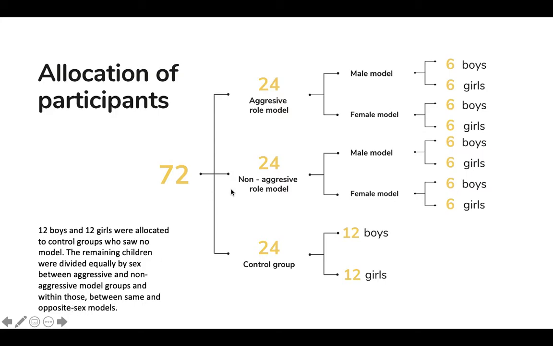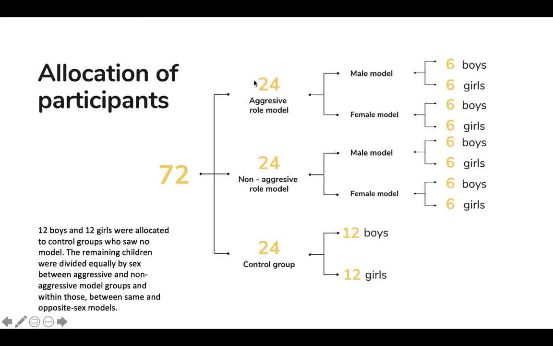So 72 divided by 3, 24 in each group. That's the first IV, remember, whether they saw an aggressive model, a non-aggressive model, or no model. Now let's focus on the aggressive role model.